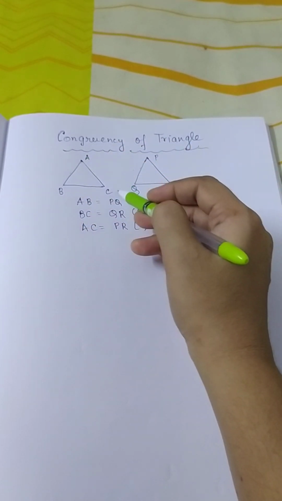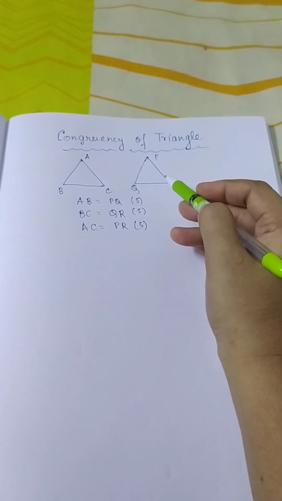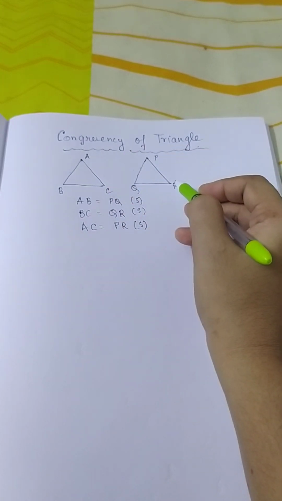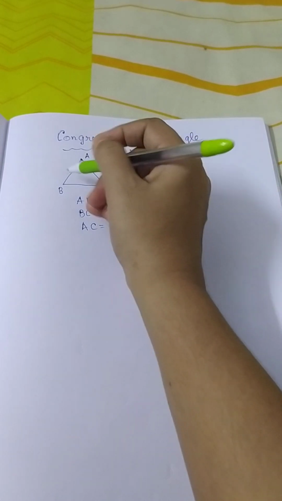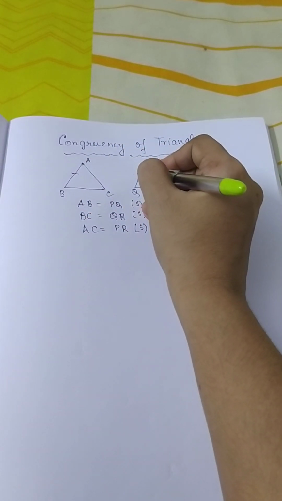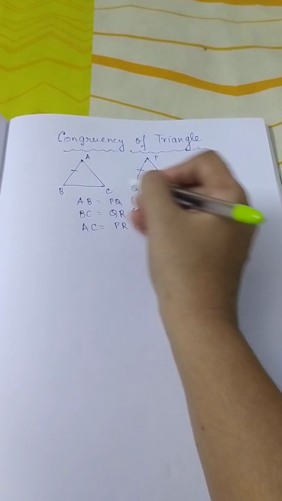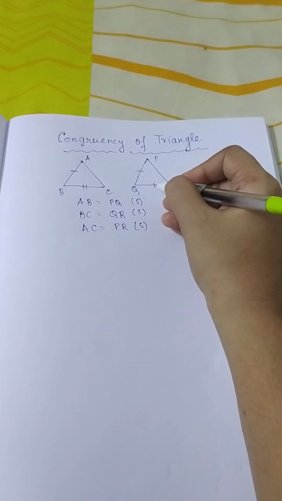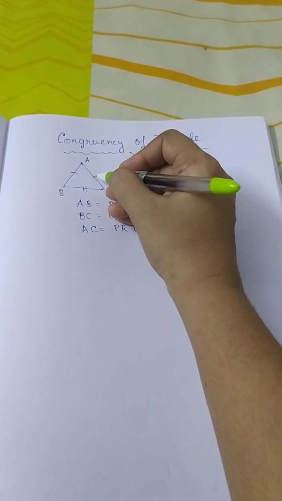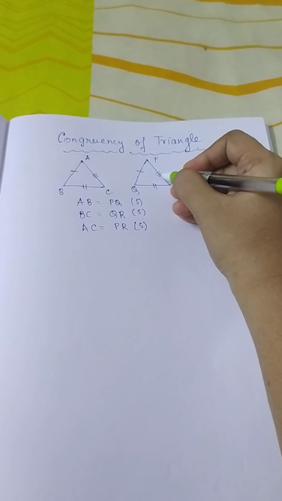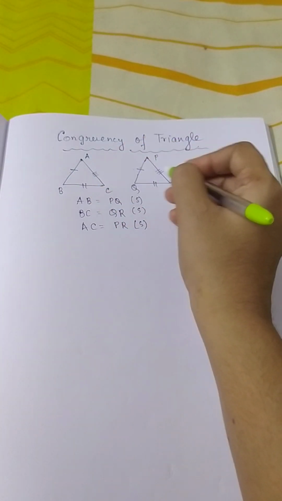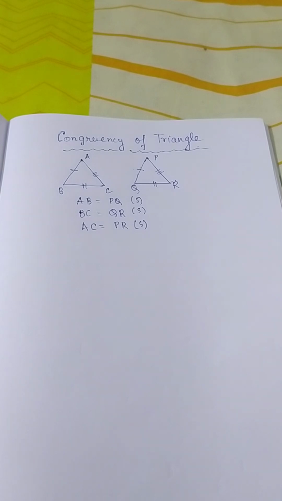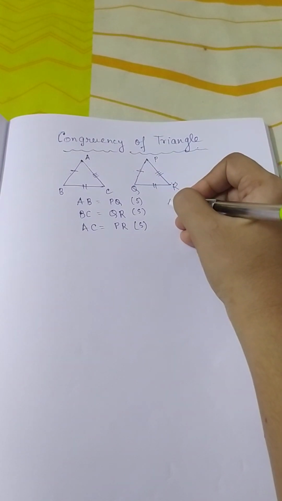If three sides of a triangle are equal to the respective three sides of another triangle, AB equals PQ, BC equals QR and AC equals PR, in this case we can tell that these two triangles are congruent.